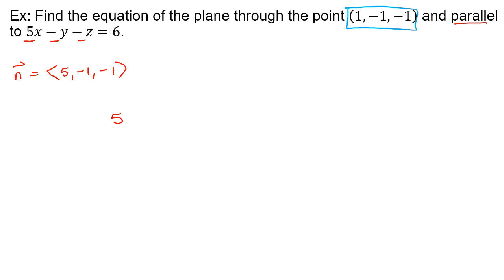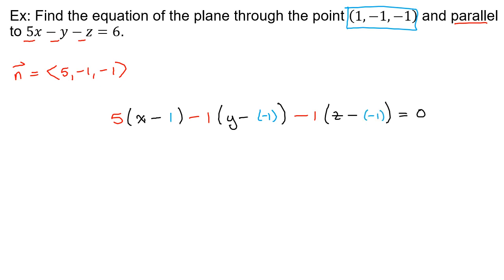It is 5 times x minus the 1 from the point, minus 1 times y minus negative 1, minus 1 times z minus negative 1 equals 0.